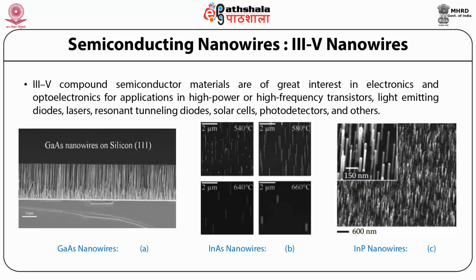Let us talk about indium arsenide nanowire. Indium arsenide, another example of a group III-V compound, exhibits a small energy band gap of 0.35 eV, high electron mobility of around 33,000 centimeter square per volt second, and a large quantum confinement energy. There have been several reports on the preparation of indium arsenide nanowires.